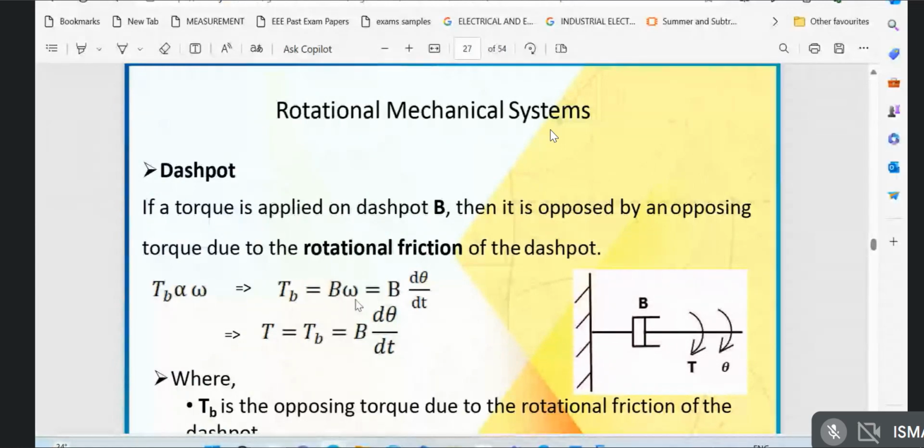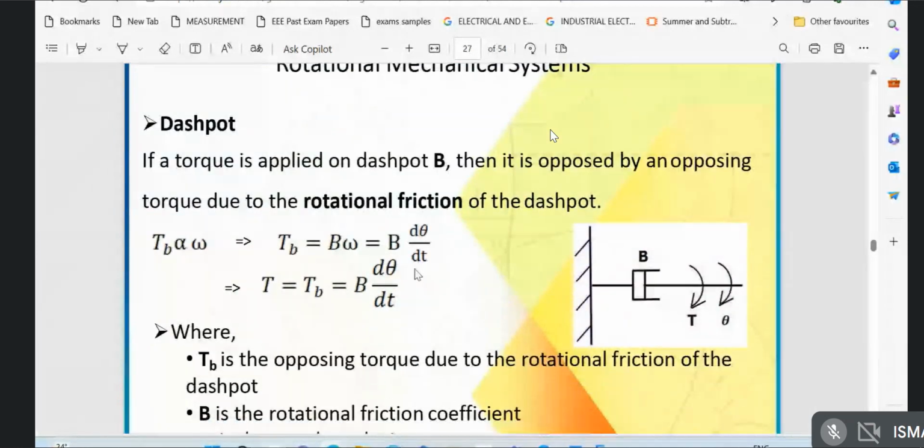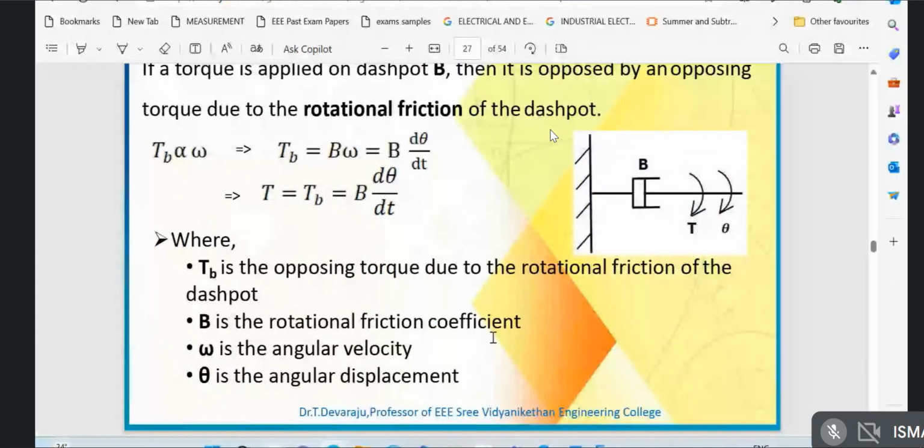So TB is equal to B omega, which is B d theta dt, and T is equal to TB, which is equal to B d theta dt, where TB is the opposing torque and T is the applied torque. B is the torsional friction coefficient, omega is the angular velocity, and theta is the displacement.